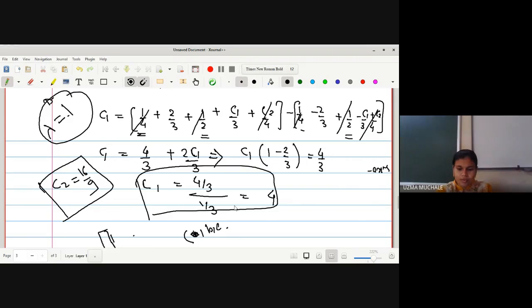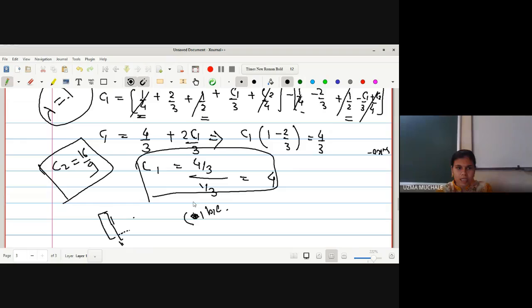After getting those values, what do you have to do? You have to resubstitute in our equation 2, which is in terms of c1 and c2. You can write down the answer. y(x) is equal to, putting the values of c1 and c2 in equation 2, 1 + x² + x into c1, where the value of c1 is 4, plus 16 by 9, the value of c2, into x².